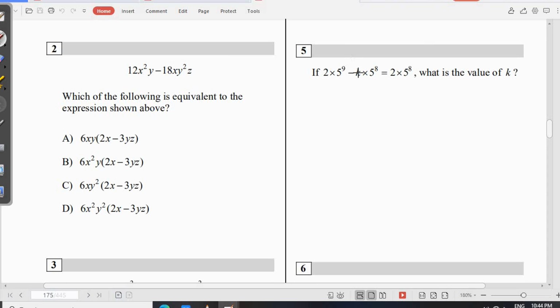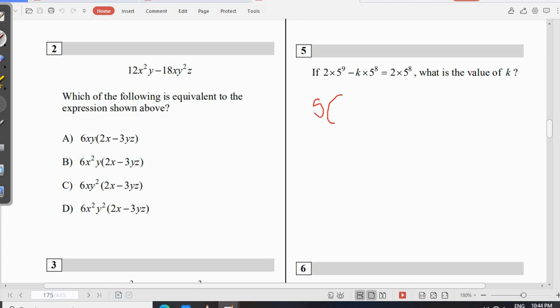This other one is also similar. 2 times 5 raised to power 9, minus k times 5 raised to power 8, equals 2 times 5 raised to power 8. What's the value of k? Now what's confusing is that there is a minus here, but knowing fully well that you have 5 as one of the numbers here, you can use 5 raised to power 8.